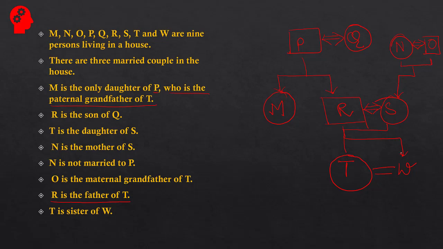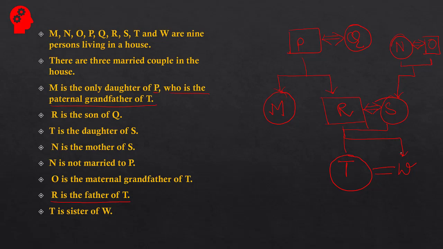As far as W is concerned, there is no data which can help us in correctly identifying the gender of W, whether W is a male or a female. So if a question is asked what is W to T or what is W to R or S, we cannot answer here. The best option would be cannot be determined, because there is no clarity as to what W's gender is.